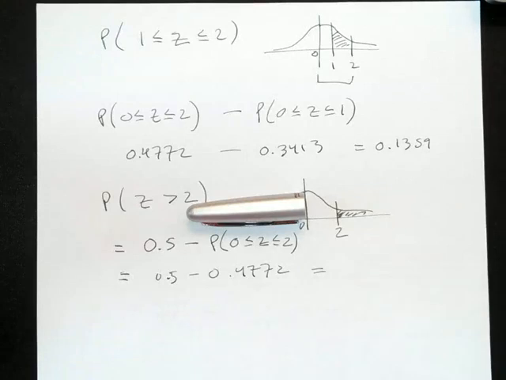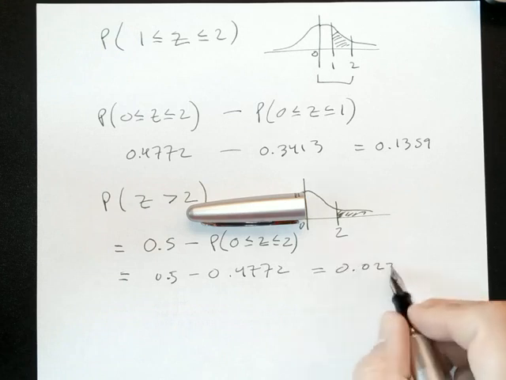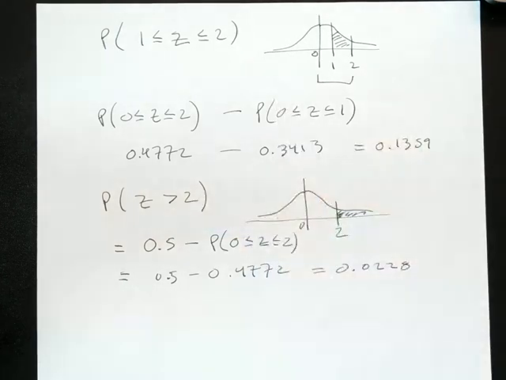Let's see, that's 028. Somebody really small being above.